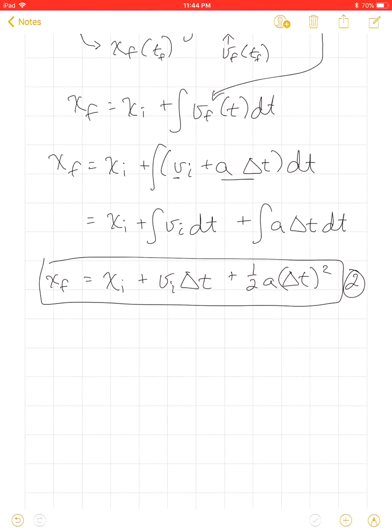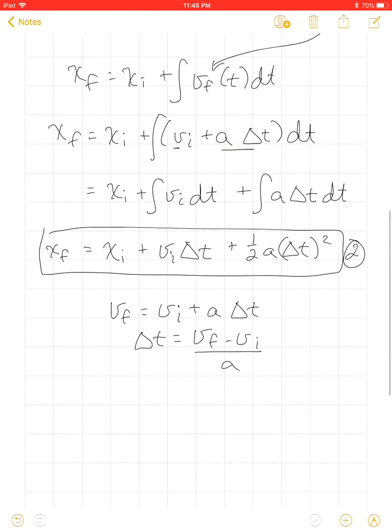All right, now for the last kinematic equation, I'm going to go back to that first one, and we had that v final equals v initial plus a delta t, right? And I'm going to solve for delta t first of all. So delta t in this case is going to be equal to v final minus v initial over the acceleration. And I'm going to plug that back into my equation 2.